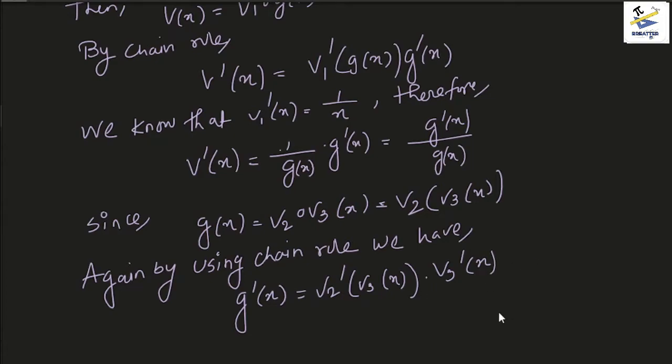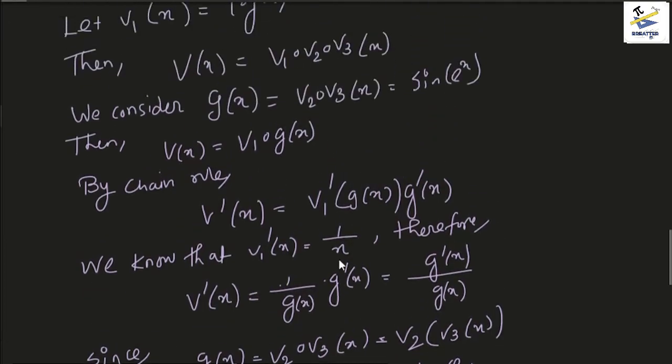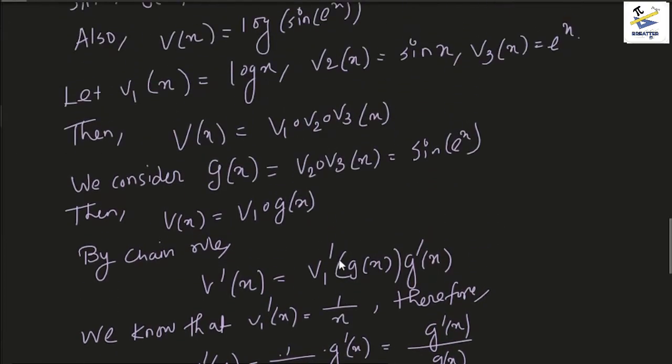We can see that v2 x was sine x and v3 x was e to the power x. So their derivatives in fact are: v2 prime x gives you cosine of x, and v3 prime x would be e to the power x itself.